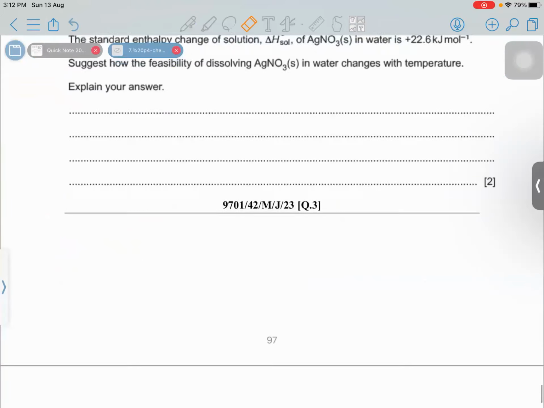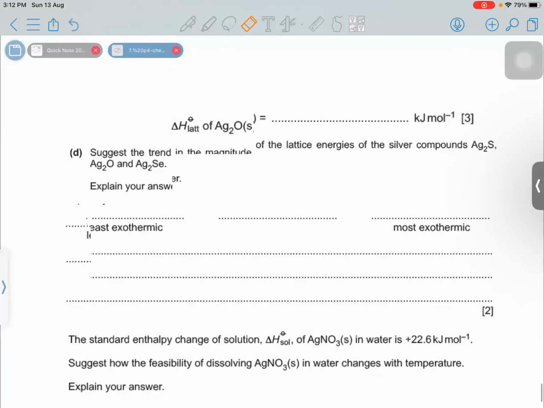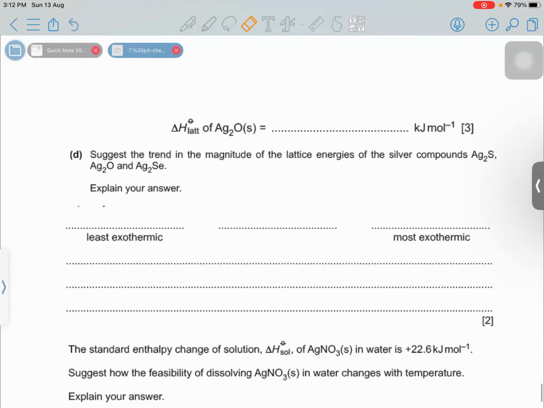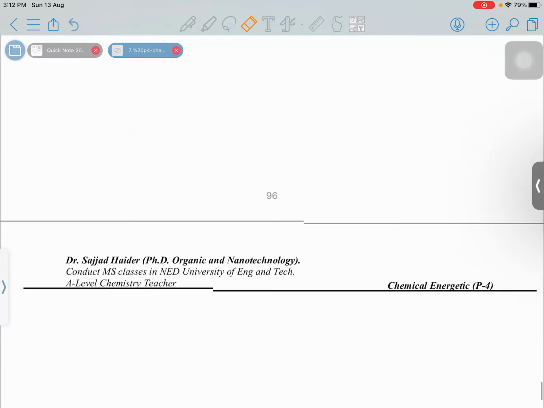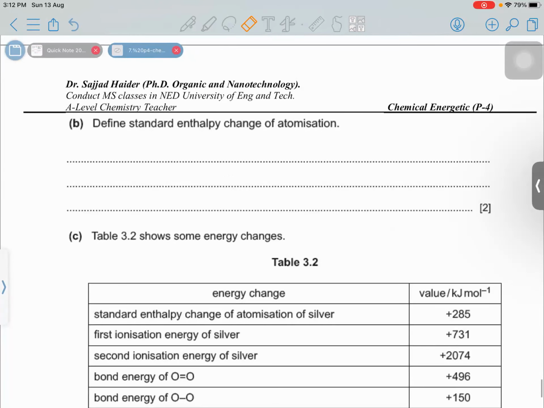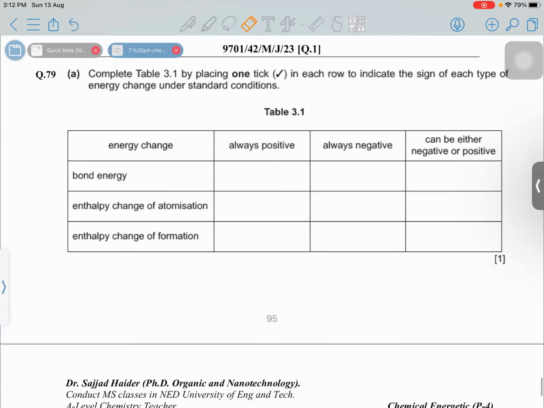Now, 2023, May June, variant 42, very latest question. Can you tell me about the bond energy?